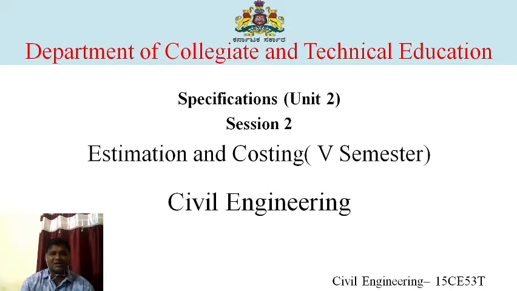Coming to classification, there are two types of specification: general specification and detailed. I also explained how to create specifications for different activities of a building, such as earthwork in excavation, plain cement concrete in foundation, sandstone masonry in foundation, brick masonry in foundation, and reinforced cement concrete.